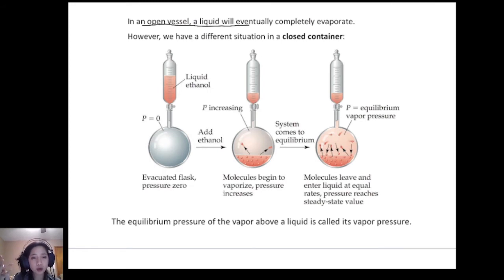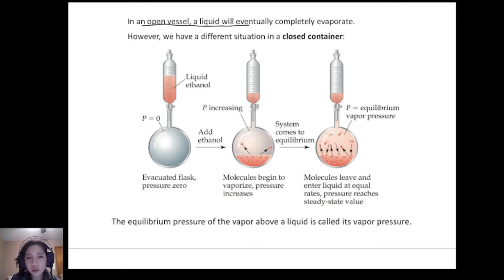We can take gas propane and turn it into liquid propane by putting enough pressure on it. But because there's no pressure in this system, nothing is keeping those ethanol molecules in the liquid phase except intermolecular forces. So some of those molecules will go into the gas phase, but eventually it'll stop.